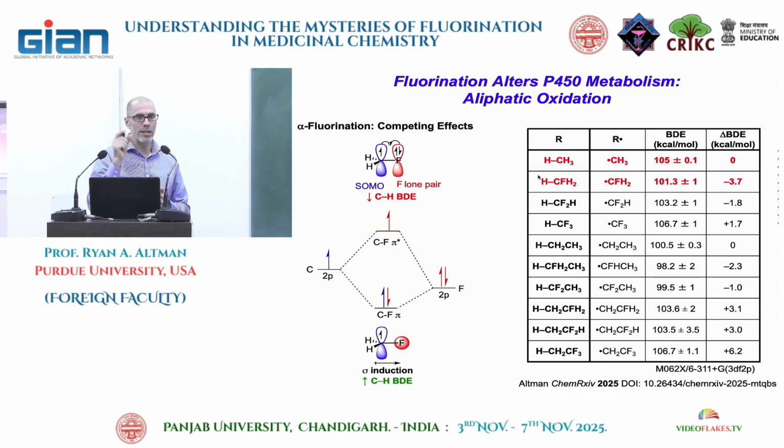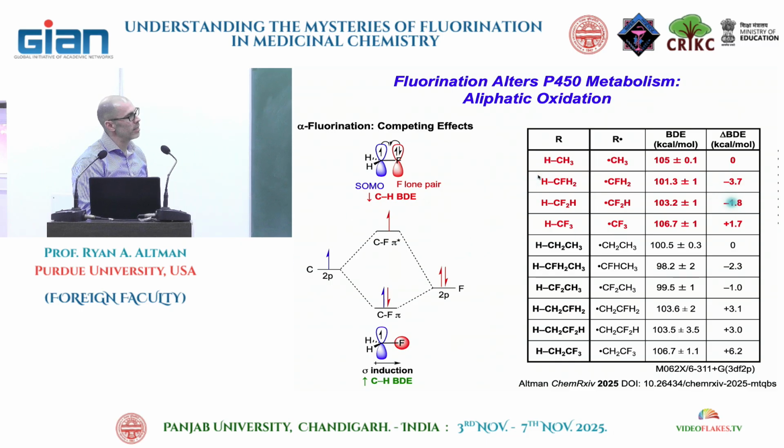Now that contrasts with what we would normally think about, the sigma withdrawing effect, which suggests that the BDE should be higher. So we have competing effects here. We have a hyperconjugative effect that's stabilizing, and we have the electron withdrawing nature of the fluorine destabilizing that intermediate. With one fluorine atom, and with two fluorine atoms, the hyperconjugative effect wins.